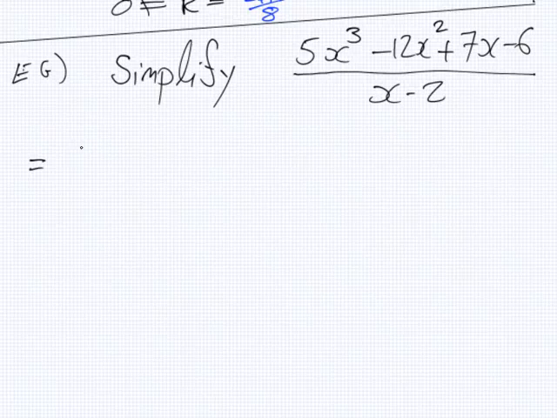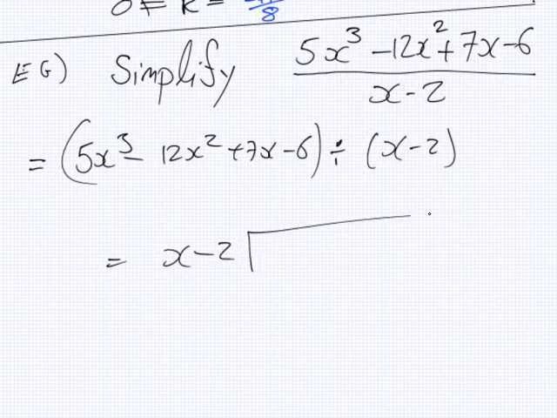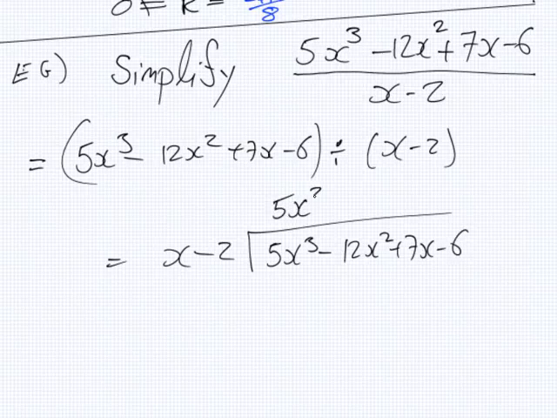So here, this is the same as 5x cubed minus 12x squared plus 7x minus 6 divided by x minus 2. Now, I won't do it again, so maybe you can just give me the answer. So what do we have on top? 5x squared minus 2x plus 3.